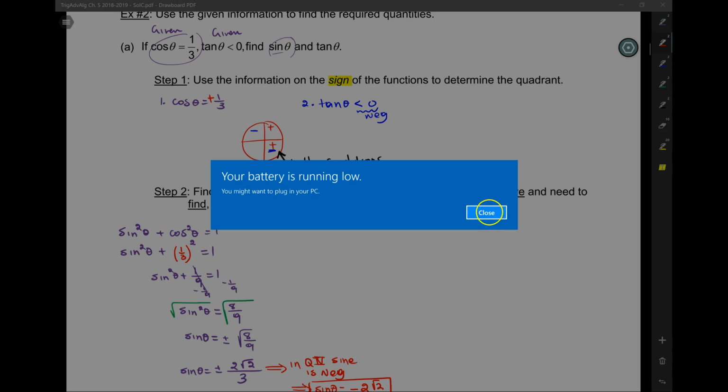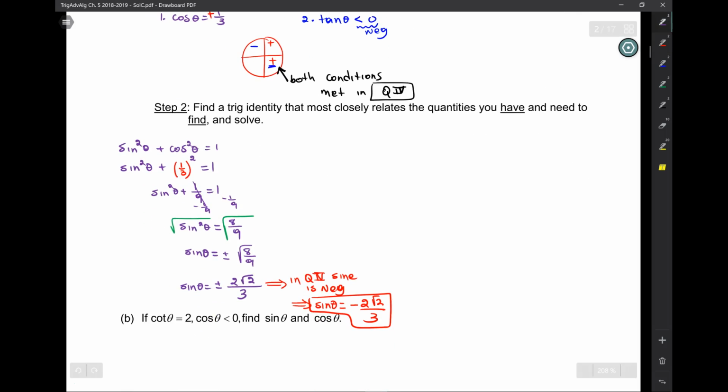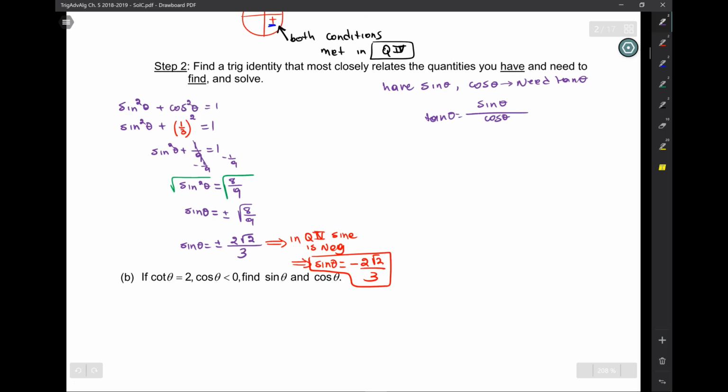I found sine. Now I need to find tangent. So how do I find tangent? I have sine of theta and I have cosine of theta. Tangent of theta is sine over cosine.